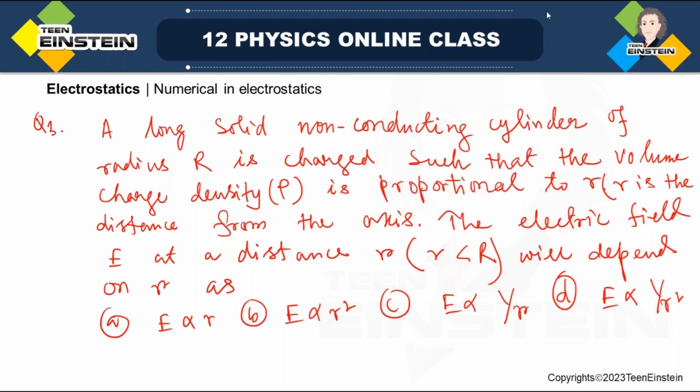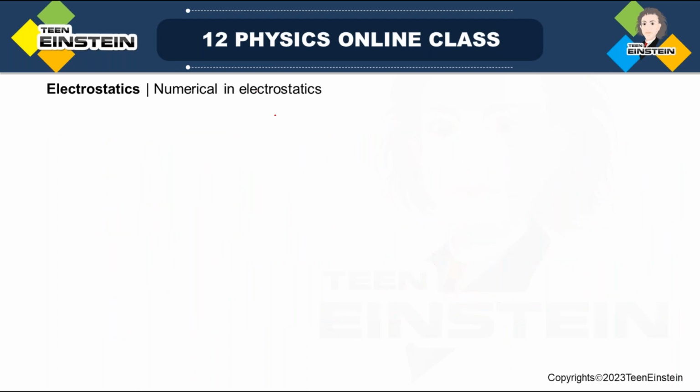So we have to solve this problem. The problem is saying that there is a cylinder. This is a solid cylinder, so it will have volume charge density, that is obvious, and it has its radius.